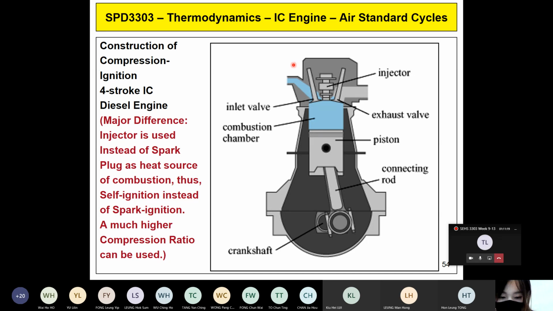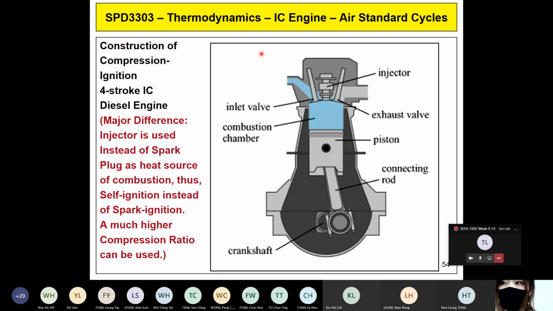Because if we increase the compression ratio, we will step into a big problem. We may encounter a phenomenon called combustion detonation.